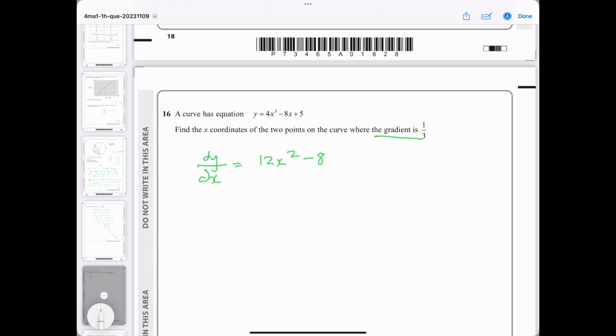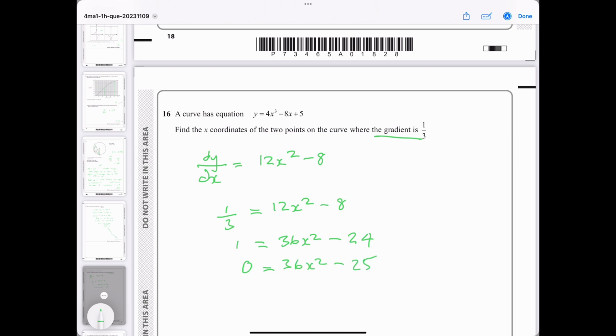There are 2 points on the curve where the gradient is a third, so we make that equal to a third. So 1/3 equals 12x squared minus 8. So 1 equals 36x squared minus 24, and 0 equals 36x squared minus 25.